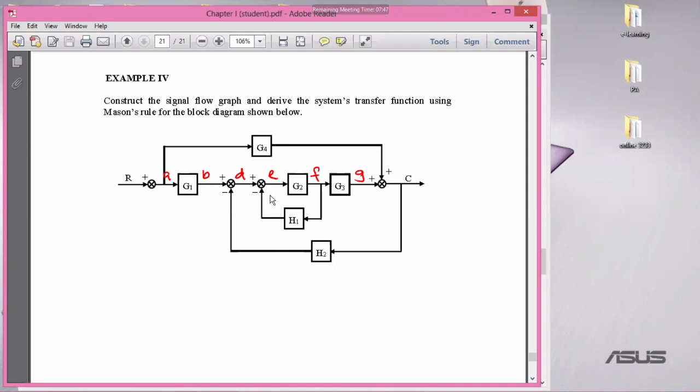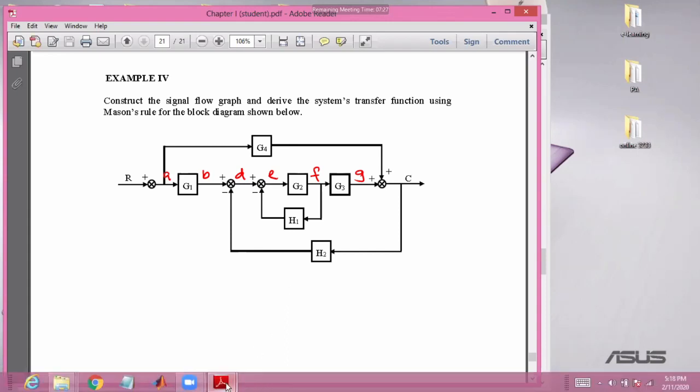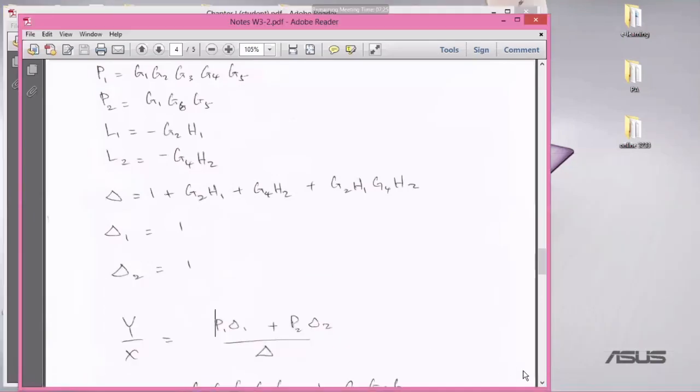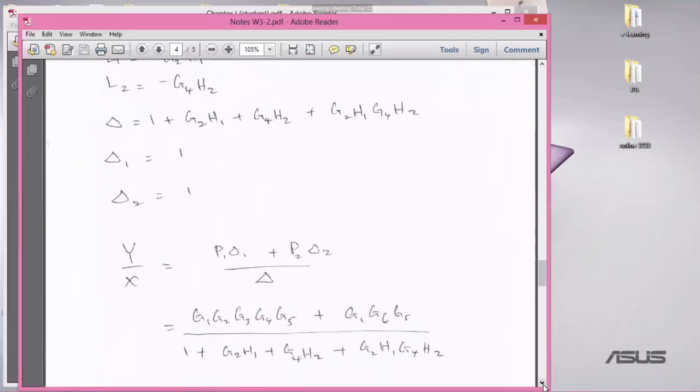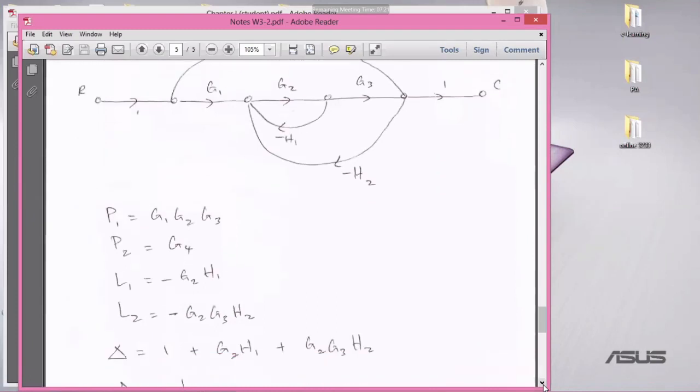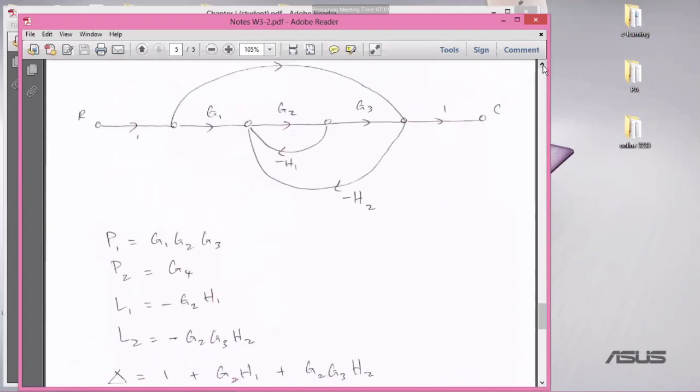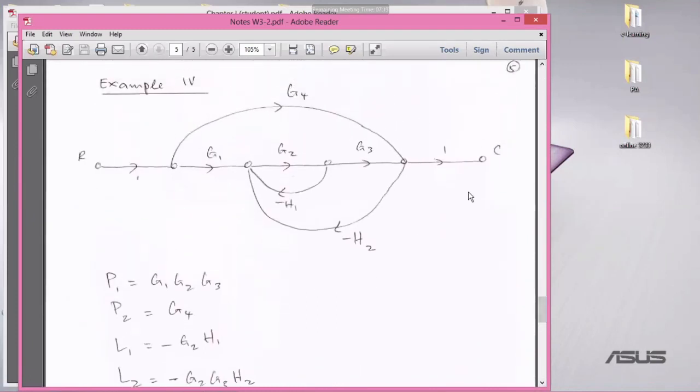You can see this is a loop there. The small loop here will not touch this upper forward path. But okay, let us draw the signal flow graph representation of this block diagram first, and then we can determine the transfer function. So this is the signal flow graph.